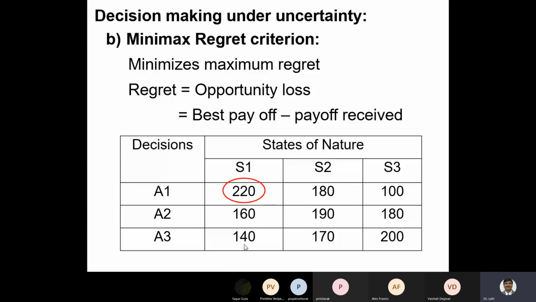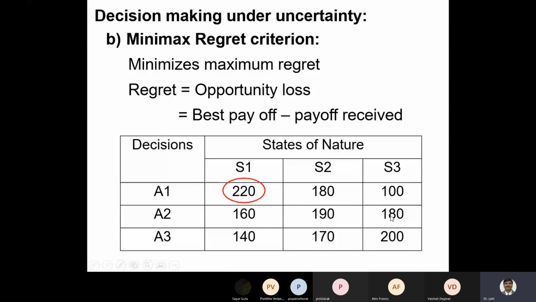So if we assume that the event that happened was S2, then in that case the maximum payoff or best payoff is 190. So the regret for opting for decision A1 would be 10. For this, how much will it be? 0, and for this it would be 20.